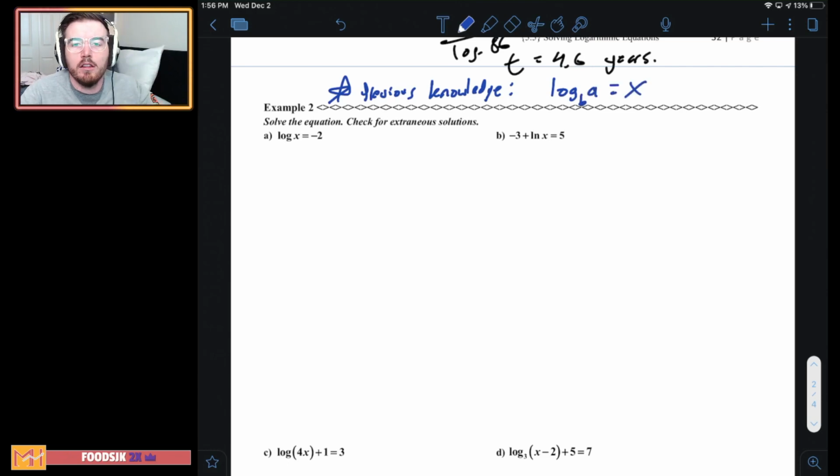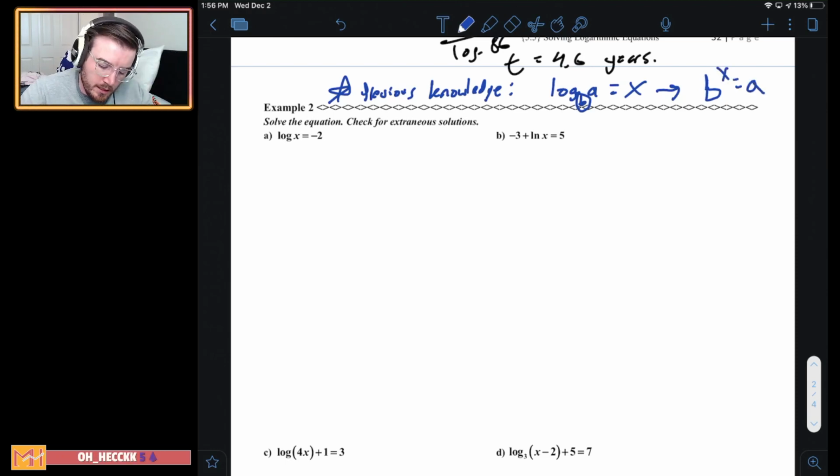When we take the log of a, we get an answer, let's call it x. Well, we can rewrite a logarithm in exponential form. And I've said this on repeat a couple times. The base of the logarithm becomes the base of the exponent. And then the a and the x, the two numbers, switch sides.